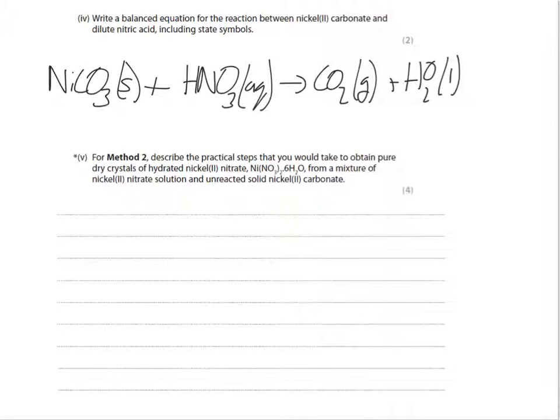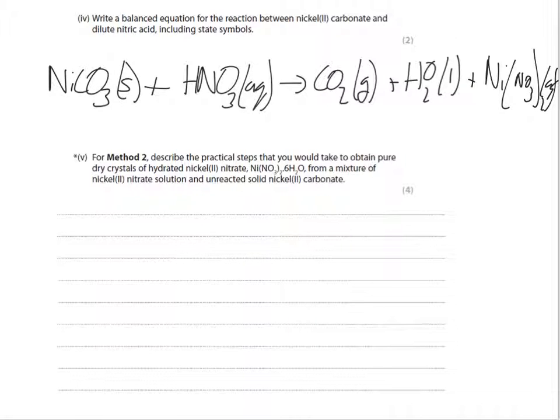And the salt. Well, the salt is going to be made of the nickel replacing the hydrogen in the acid. Now, nitrate has a valency of 1, and nickel has a valency, as you can see here, of 2. So we need 2 nitrates for each nickel. So we've got nickel, and then we have to show that we've got 2 of them by putting it in brackets.